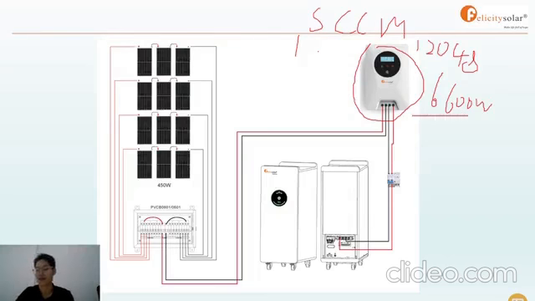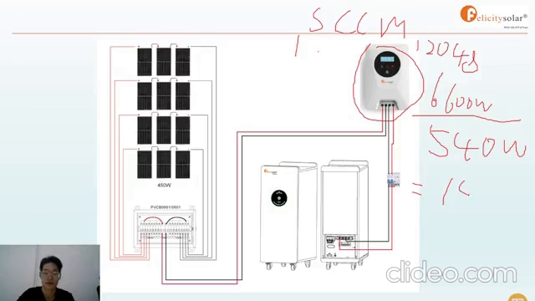You can divide by the panel power. For example, if you select 540 watt panels, the number will be like 15 pieces.